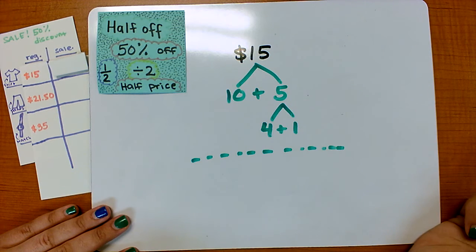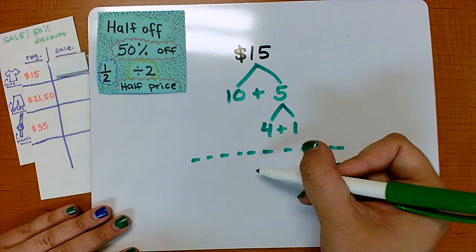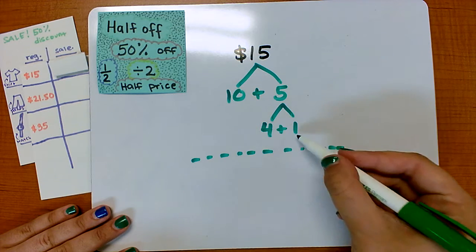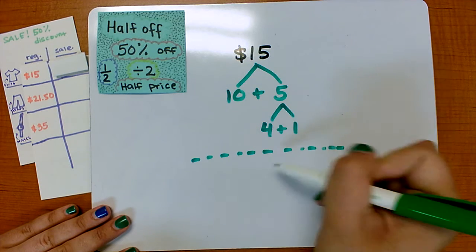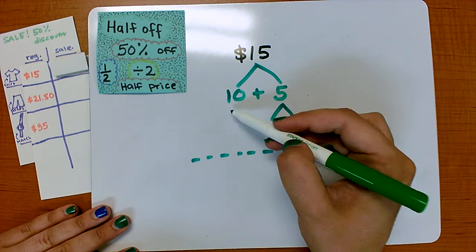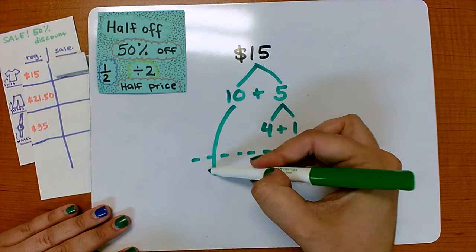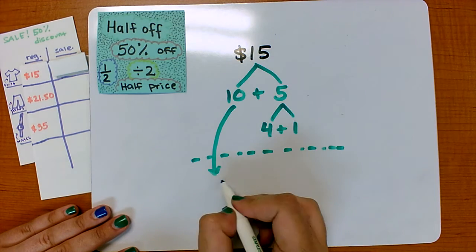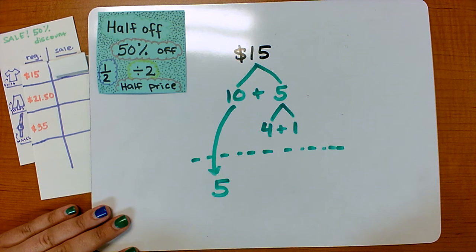I draw my dotted line, and I'm going to put half of each of these parts into this little area just to stay organized. So if I break the 10 in half, 5 is half of 10, and that's what I keep.